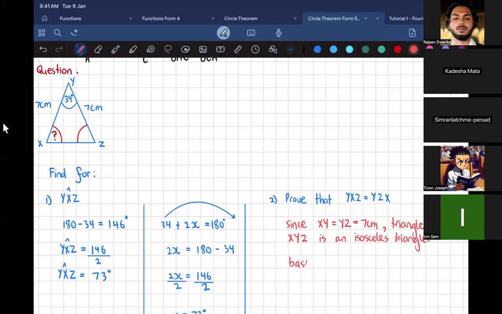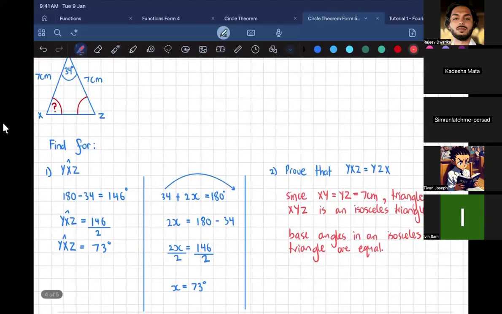Base angles in an isosceles triangle are equal. Therefore, YXZ has to be equal to YZX.